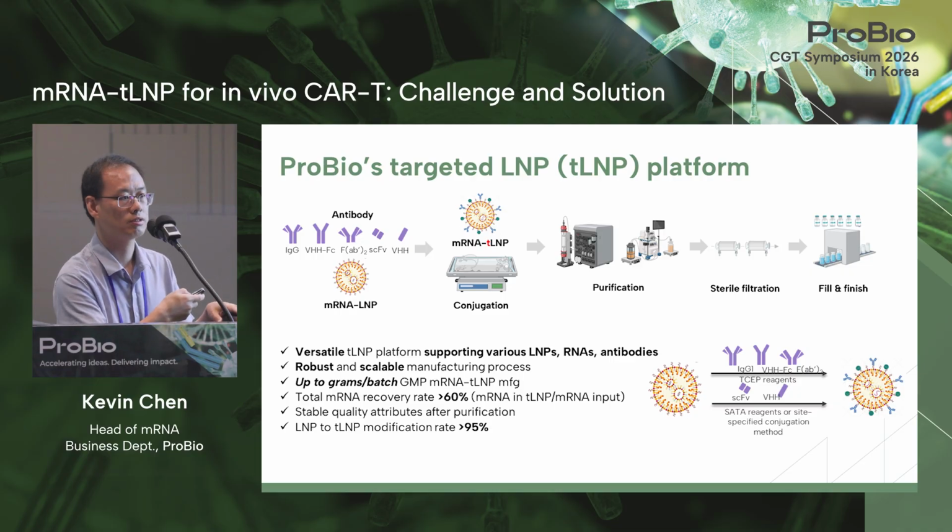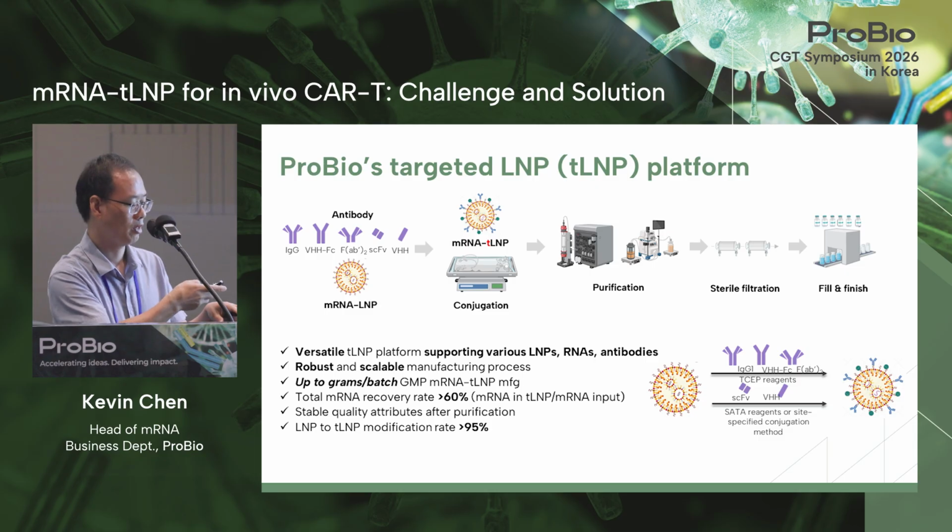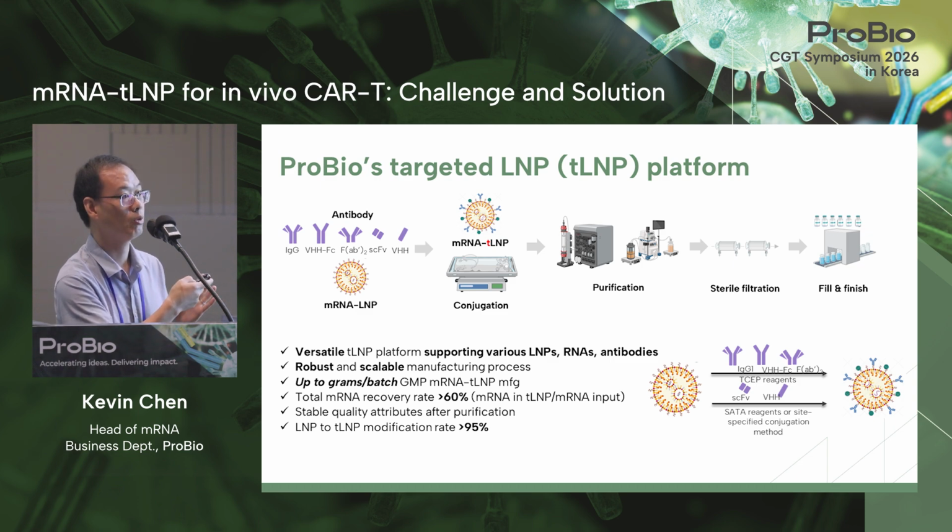So here is a slide that specifically introduces our tLNP platform. As I mentioned, ProBio has antibody discovery capabilities, so we have experience handling different antibody formats, such as full-length IgG, VHH-Fc, Fab, single-chain Fv, or VHH nanobody.